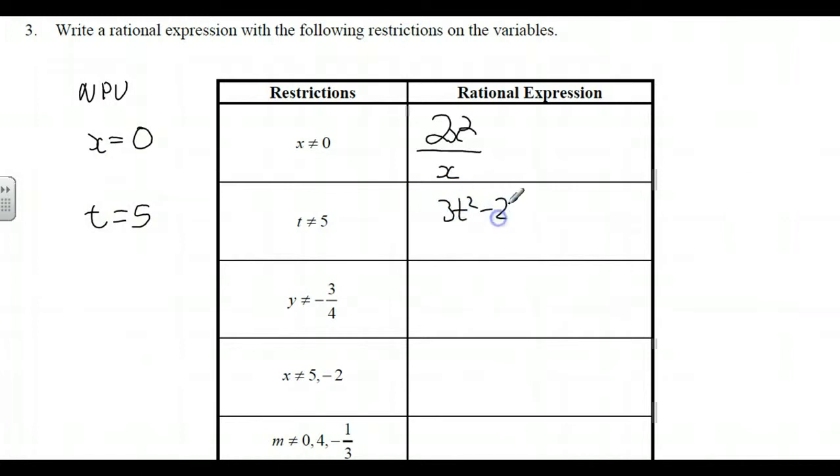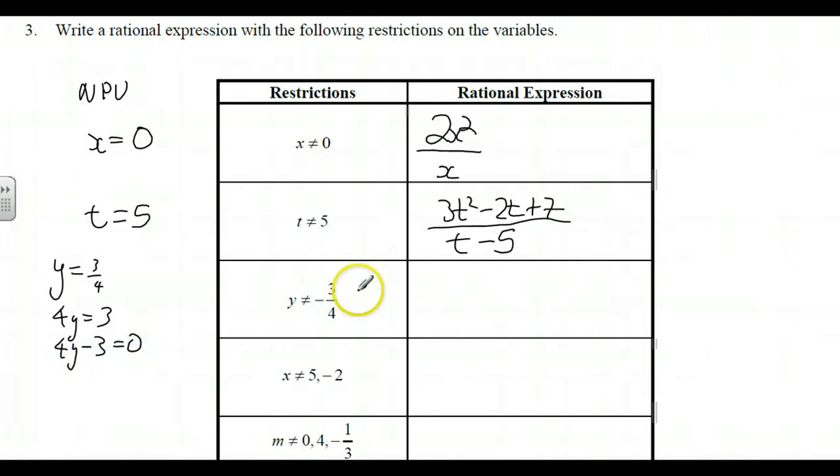3t squared minus 2t plus 7 over, this is really meaningless, it could just be 1, over t minus 5. -3/4. Okay, here's what I would do with this. Let's do this off to the side. Let's just say y equals 3/4, so 4y equals 3, so 4y minus 3 equals 0.